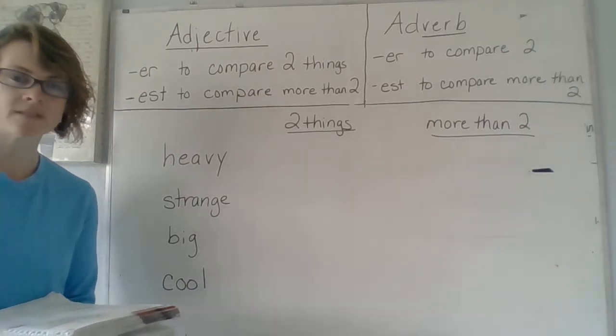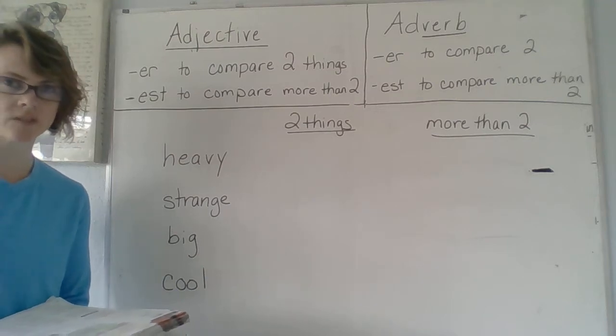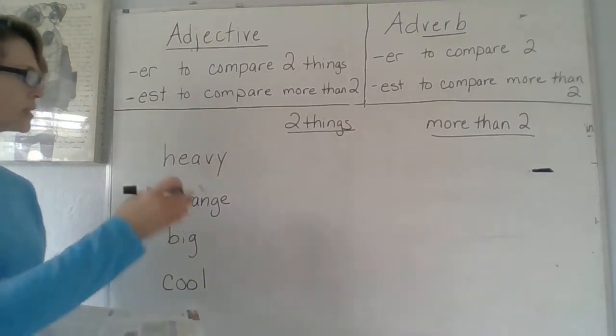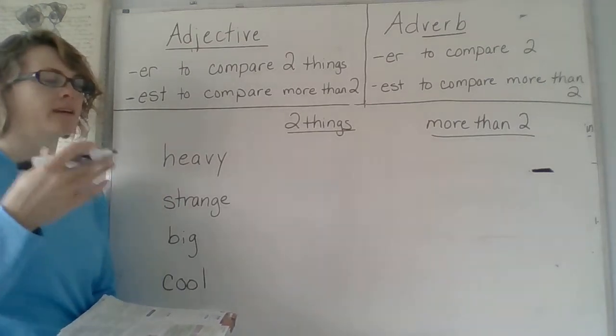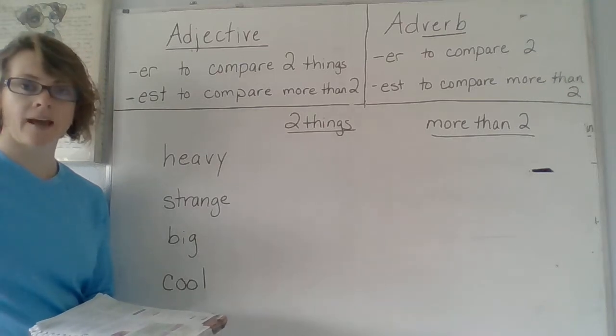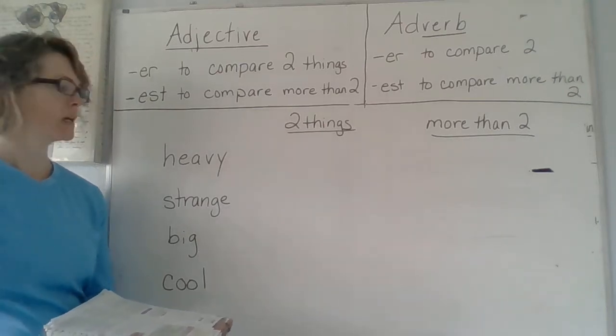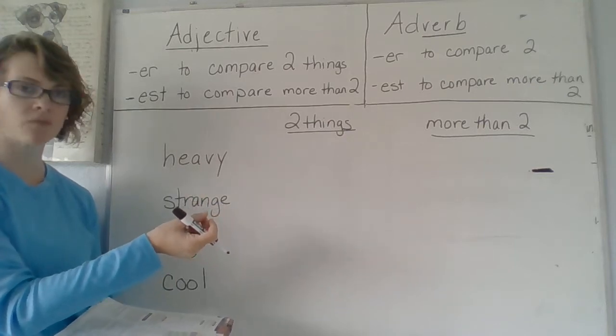So when we change the suffix, you've already learned this before, sometimes we have to adjust our spelling. Let's take the word heavy. It's a comparative word. I could say, he is heavier than that boulder, or she is the heaviest lifter of all. So I can use heavy, change the suffix, and it can become a comparative word.